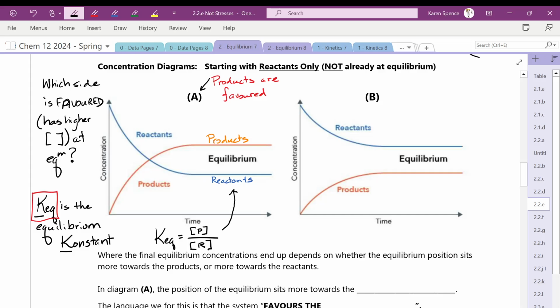So here we have a large product over a reactant. So if you have a big number over a small number, what do you get? You get a value which is greater than 1. Okay? So when we say that the products are favored, that also means that the KEQ value will be greater than 1.